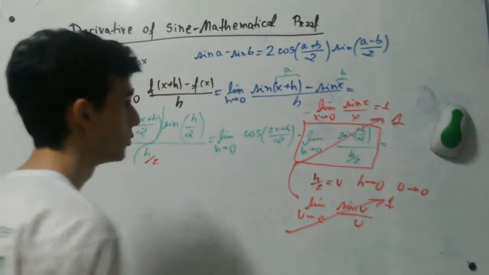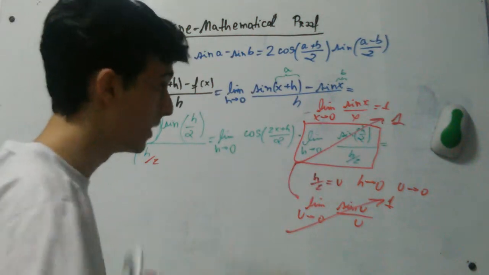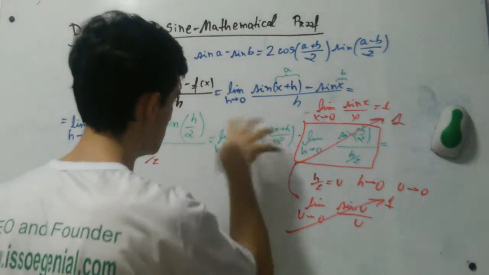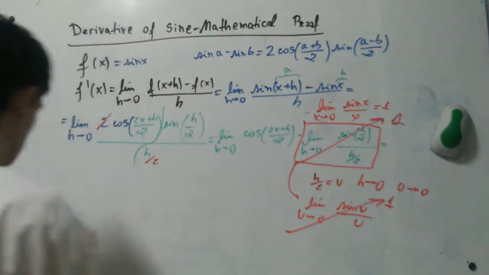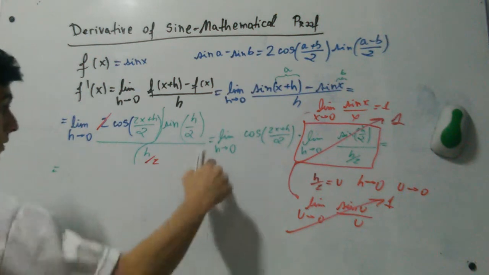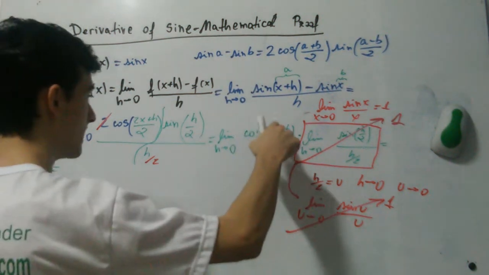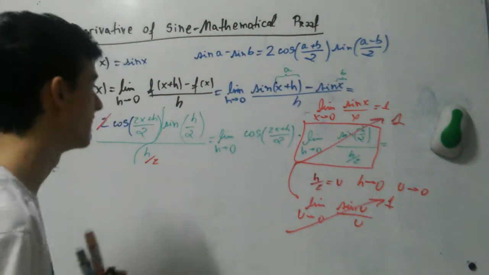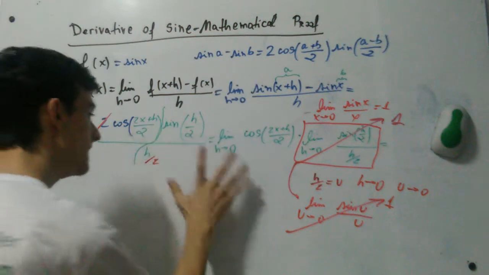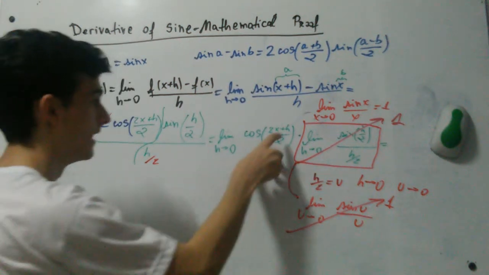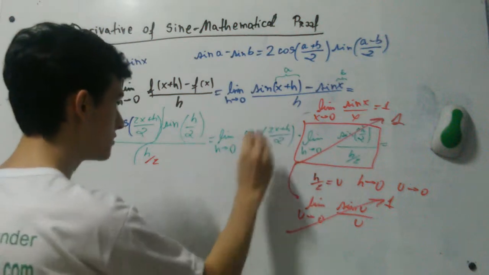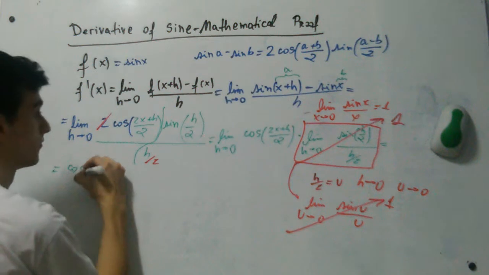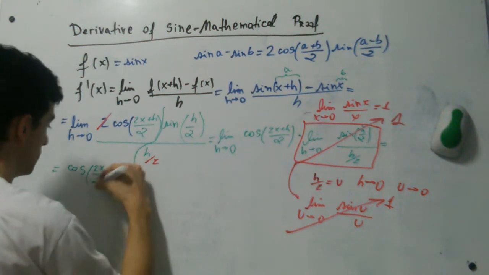This can be ignored because multiplying by 1 doesn't change anything. So we are left with just this limit right here. We have the limit when h approaches 0 of cosine of 2x plus h over 2. And we can already solve this, because when h approaches 0, this whole expression approaches cosine of 2x over 2.